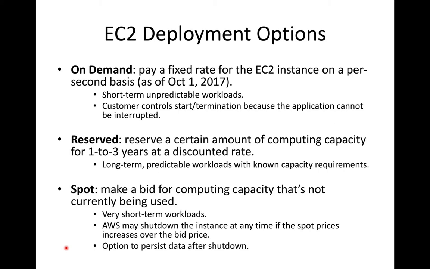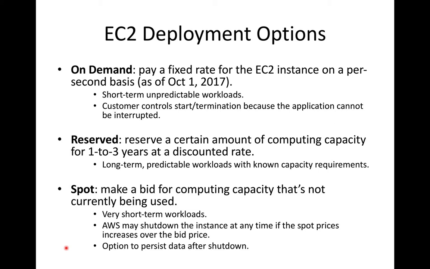Now, your second deployment option is to deploy reserved instances. When you deploy a reserved instance, you're essentially reserving a specific amount of computing capacity for a length of time, typically at least 6 months to a year. You can even do multiple years. The benefit of a reserved instance is that you're committing to using a certain amount of computing capacity for a certain amount of time.